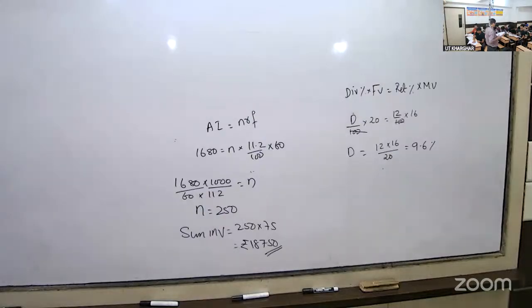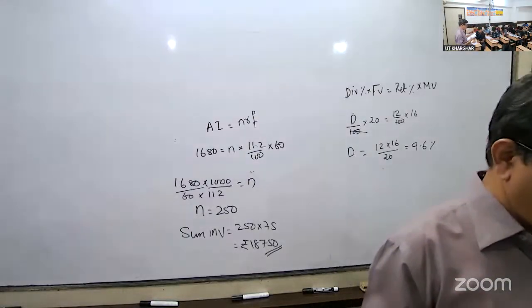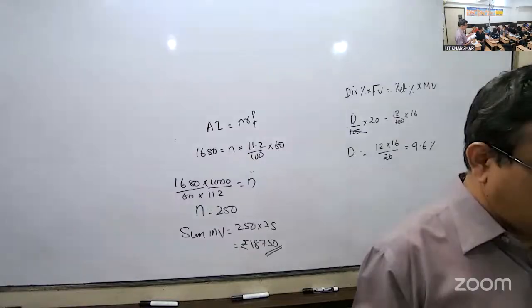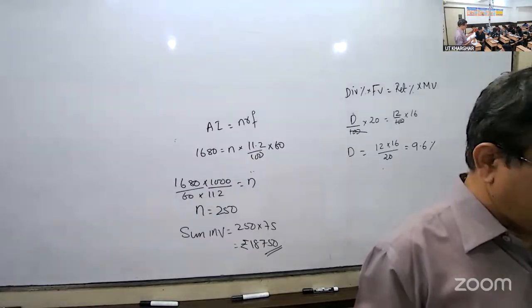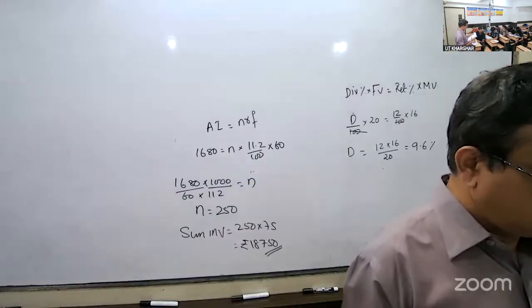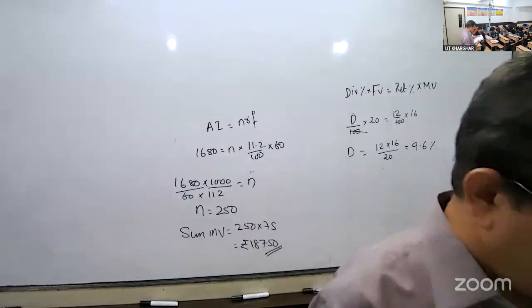Okay. So write number of shares 1,800. Face value 100. Then rate of dividend 15%. Then next is market value.